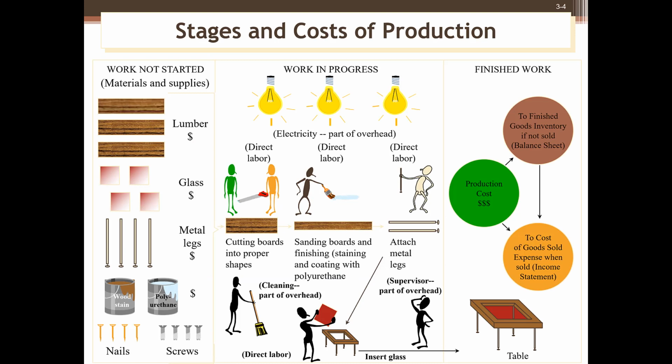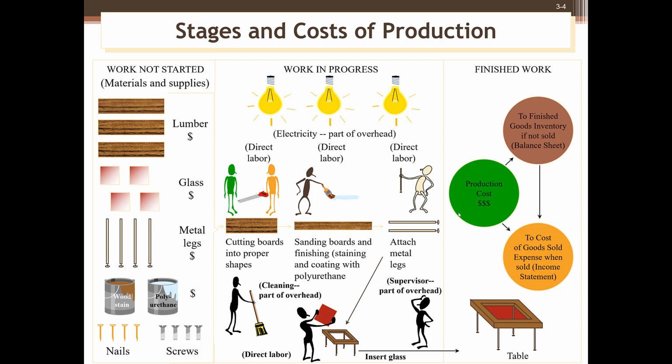This is a picture. It shows different stages and the cost of production. From the materials and the supplies used in the production, and then work in process here, and after products are produced or finished or completed.